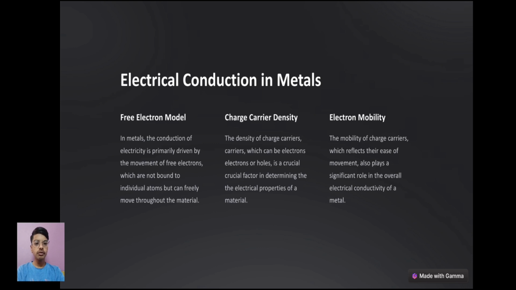The density of charge carriers, which can be electrons or holes, is crucial in determining the electrical properties of a material. Electron mobility. The mobility of charge carriers, which reflects their ease of movement, also plays a significant role in the overall electrical conductivity of a metal.